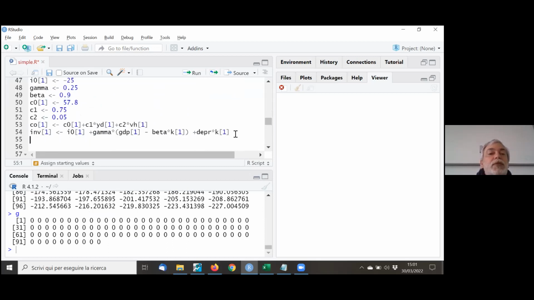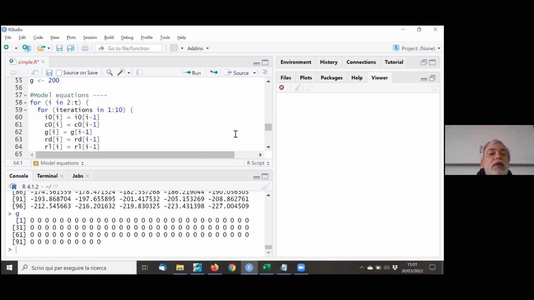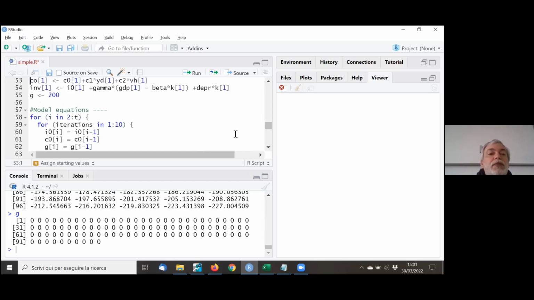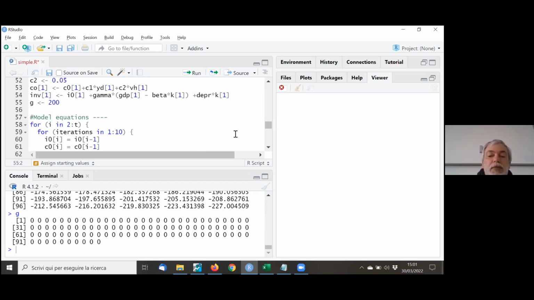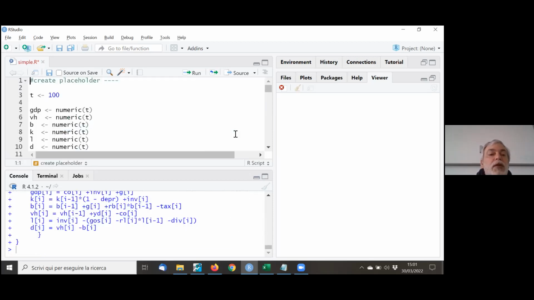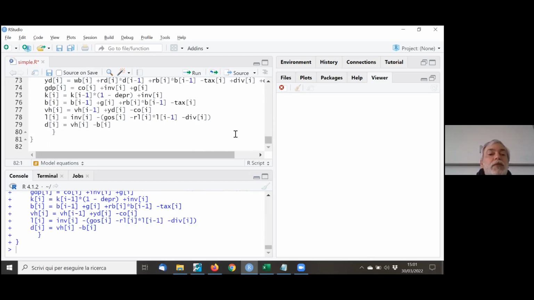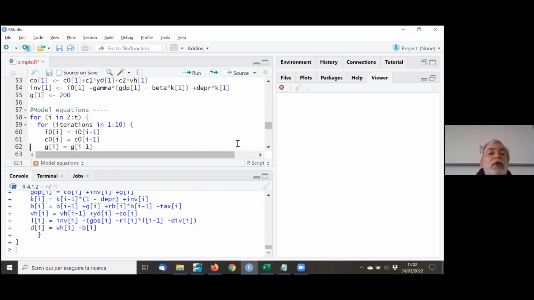Okay, so G was 200. The index. But I think also in the loop, we have to define the G. No, it was defined to be equal to its previous value in here.